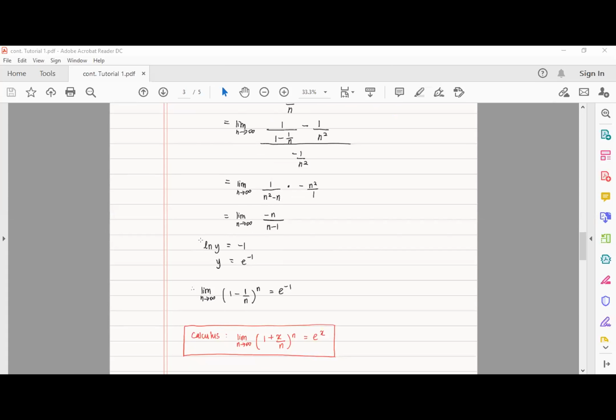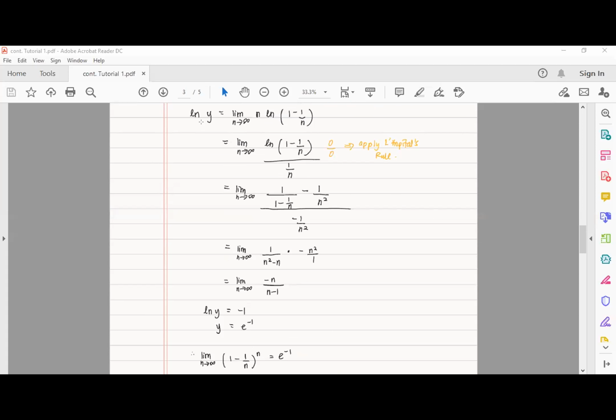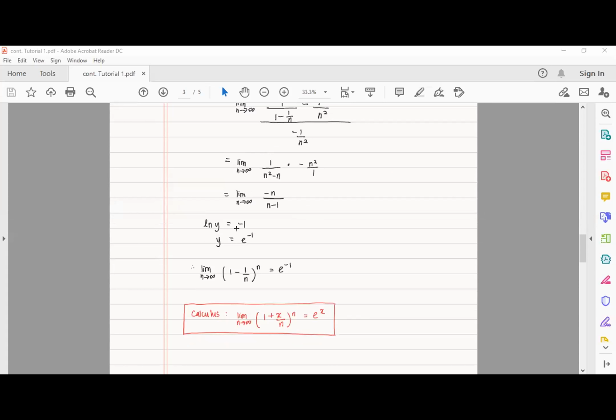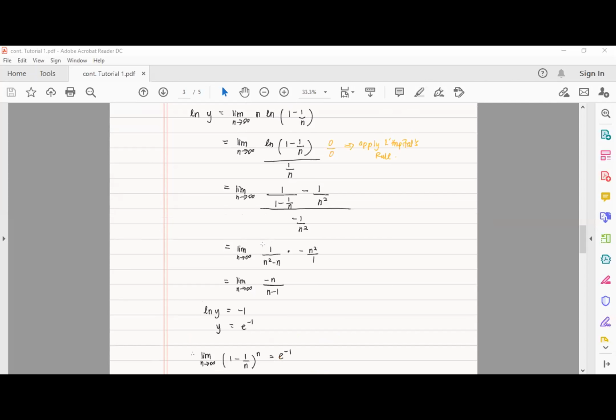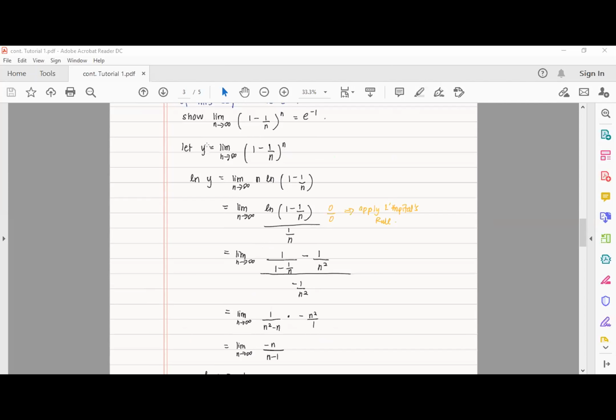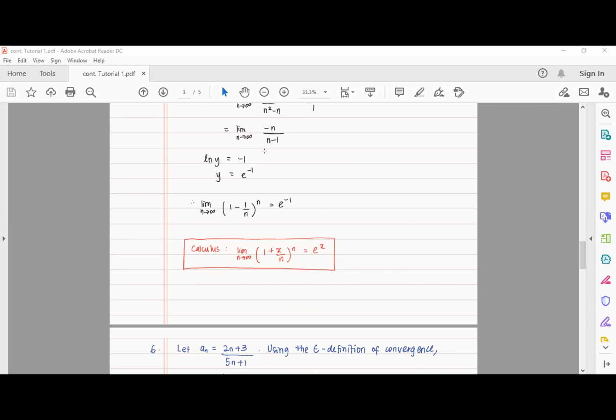So ln y is equal to -1, and then we put the exponent on the front and at the back, and we get y equals e^-1. So y here refers to the limit of the sequence. Then we substitute here and we get the limit as e^-1.